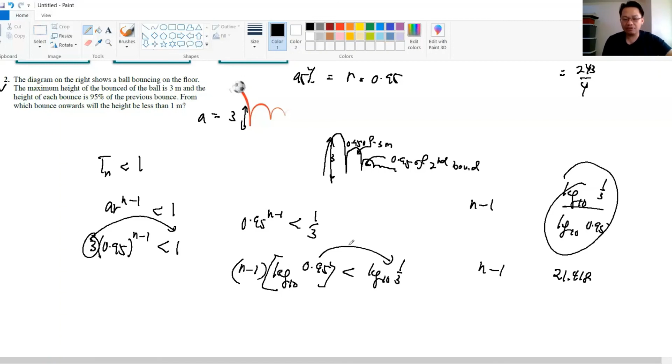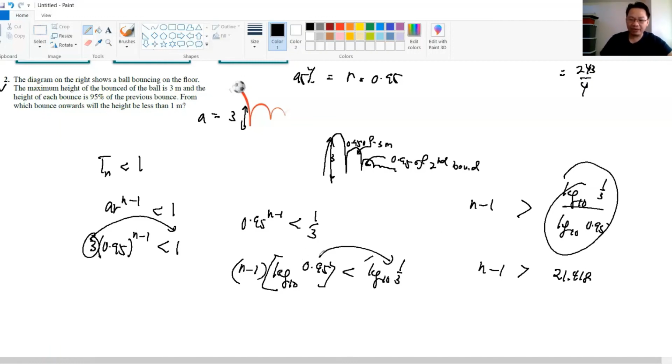So negative value, when we move to the right side, becomes divide. But what happens to the sign? The sign will be inverted. So please be careful. If you divide by a positive value of this log, the sign will remain unchanged.